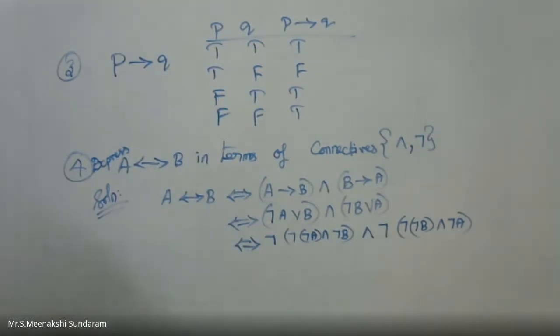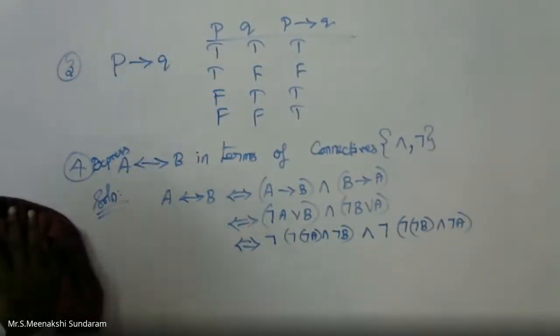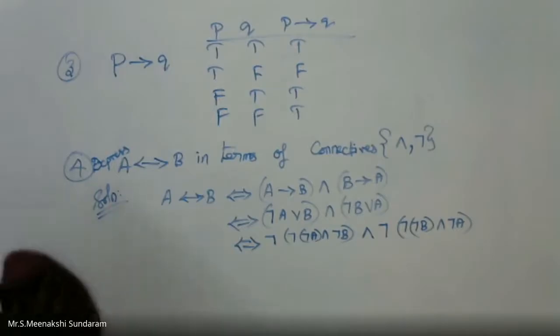I'd like to move on to the next problem. Can I move on to the next one? Yes, sir. If anybody wants to copy, can I erase it? Yes, sir.